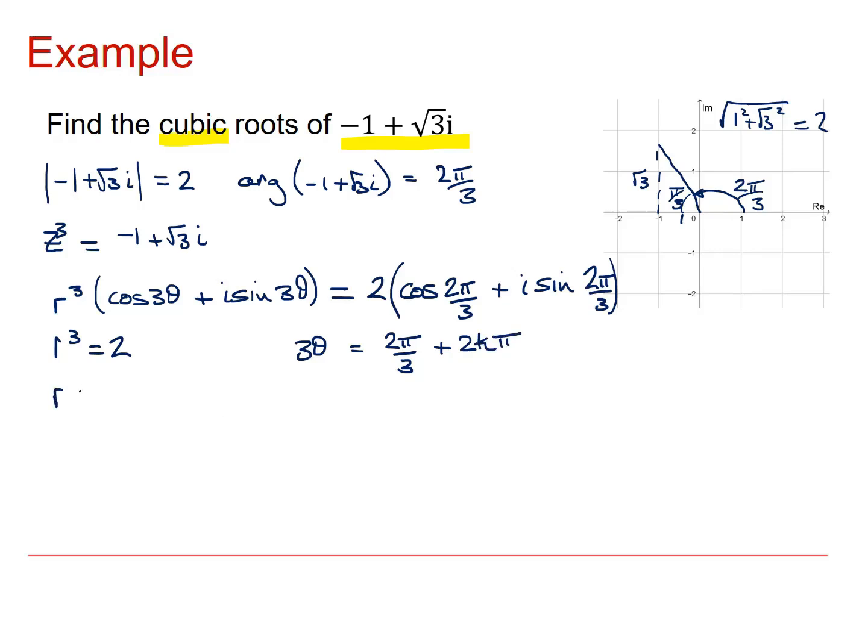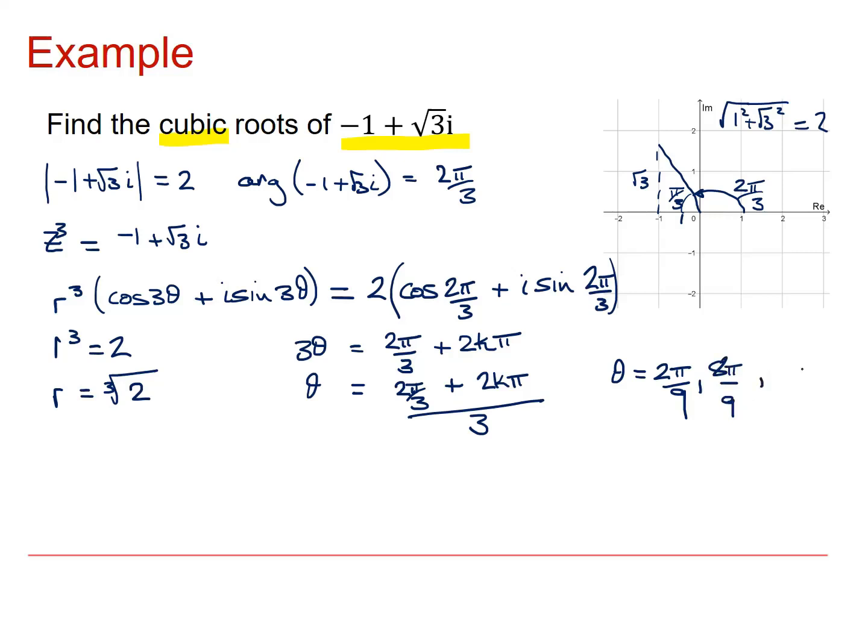So I'm going to get that r is the cube root of 2 and theta is 2 pi by 3 plus 2k pi all over 3. And this means that theta can take values of 2 pi by 9, or 8 pi by 9, or 14 pi by 9.